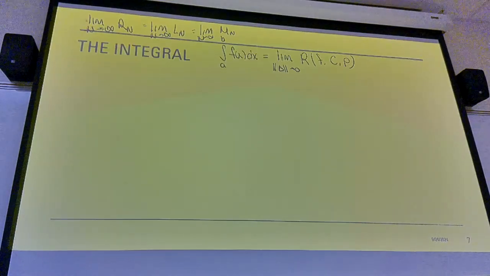I could choose the right endpoint for one of them, the left endpoint for the second, the midpoint for the third. I could find a quarter point for the fourth, 3/4 point for the fifth. I could choose the right endpoint plus 10 to the minus 6 for one. Which really makes working with Riemann integrals a pain.